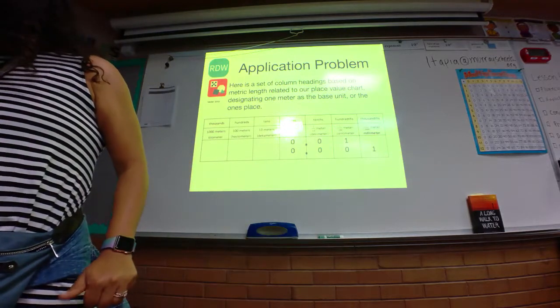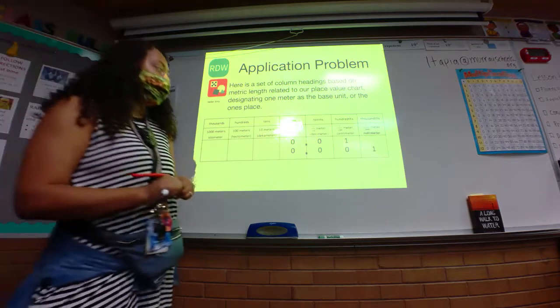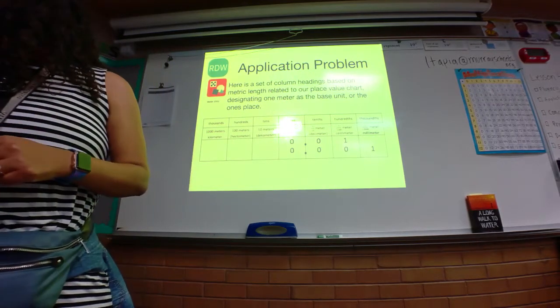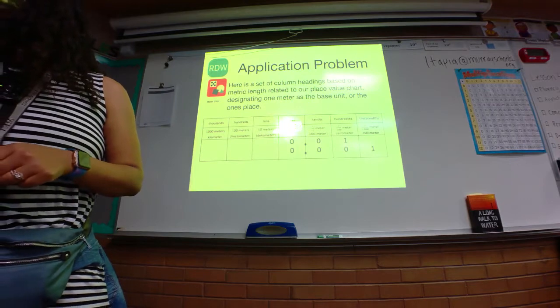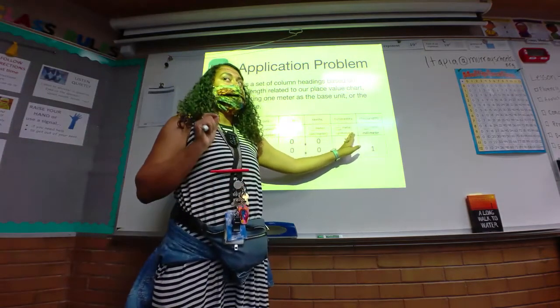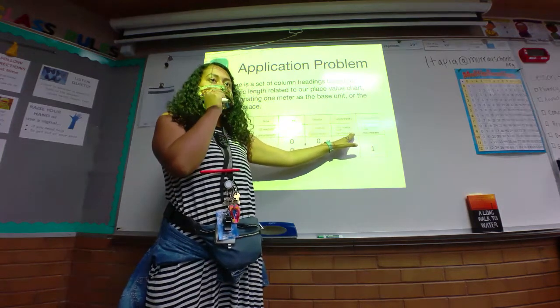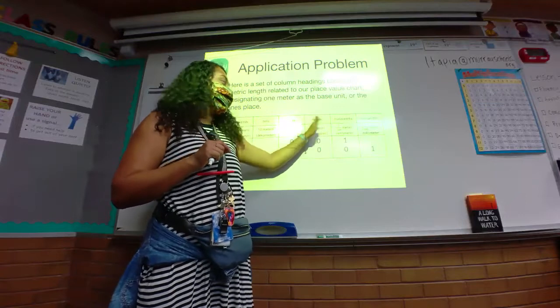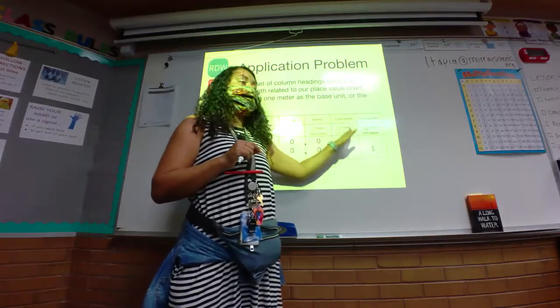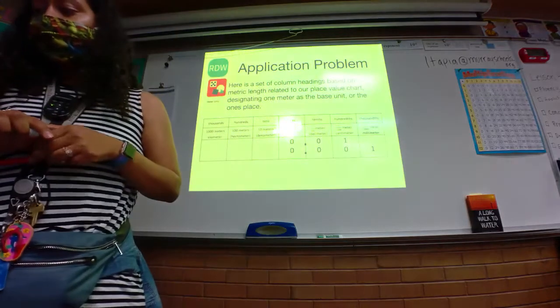Okay, so now use your meter strip to show and explain to your partner how the lengths relate to the tenths and the hundredths. So think about what we just talked about. Emma, eyes up here. How does the tenths relate to a meter? How does the hundredths relate to a meter? Does that make sense?